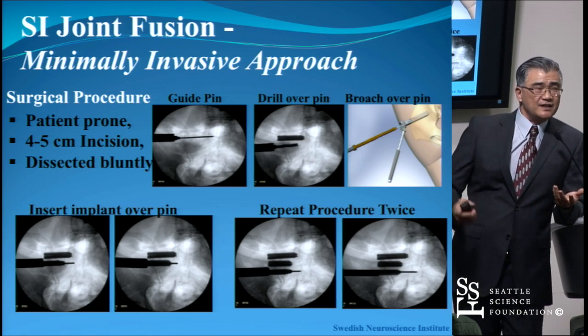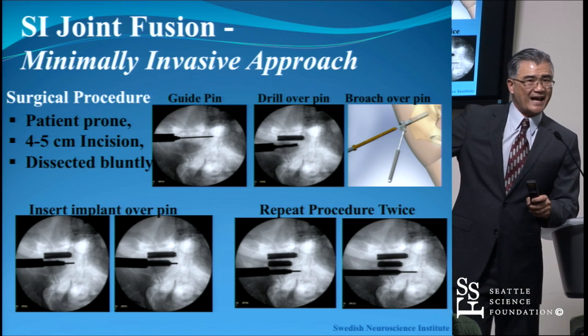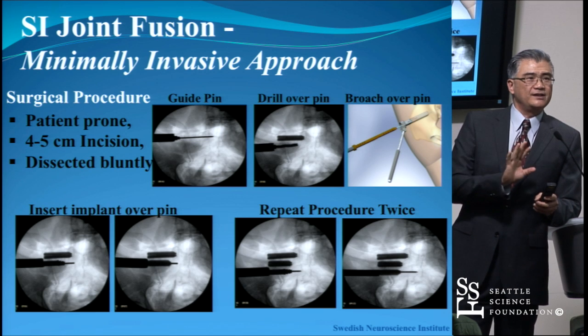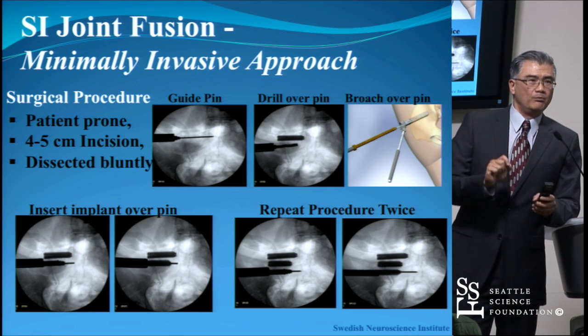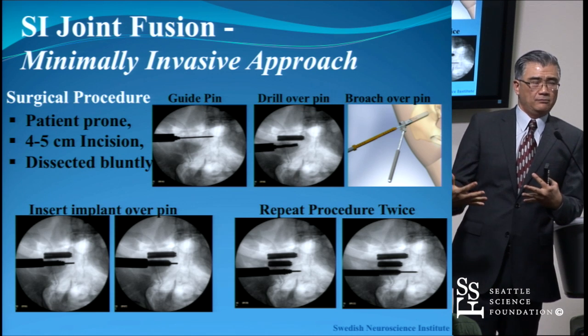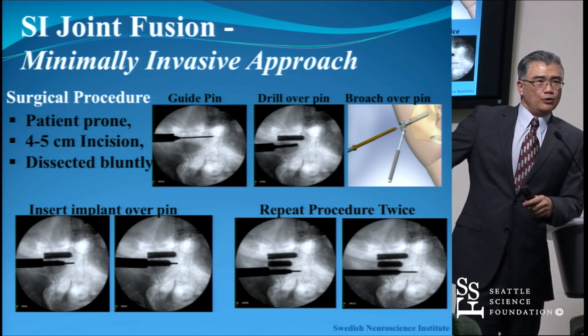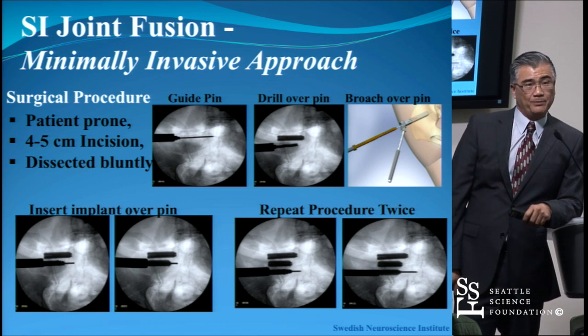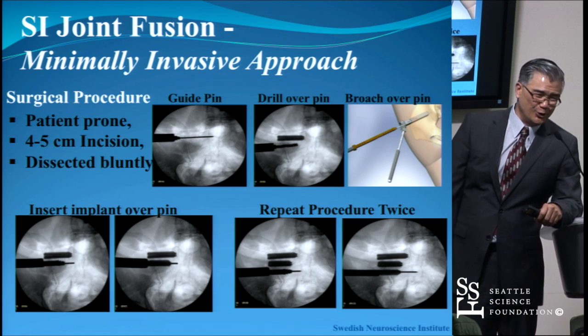This procedure is done from the side, from the hip here, so you do not have to open and destroy any of the ligaments or muscles binding the SI joint together. You totally avoid that. You go in from the hip, through a thick layer of fat. Sometimes when I look at a patient, I say, oh, I don't want to do it.